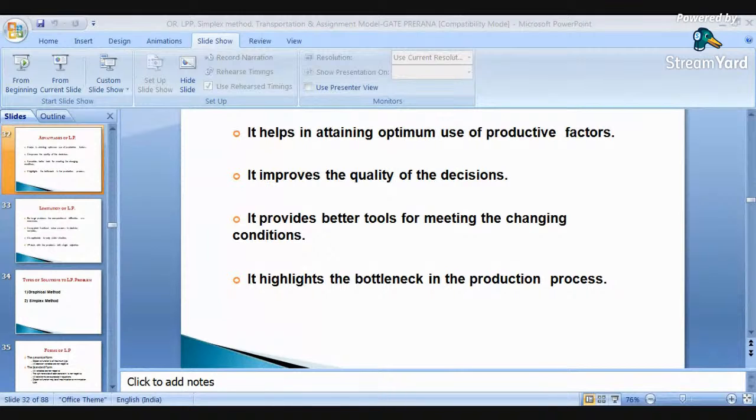Then we will start with the next topic. I hope that in this 2 hour span of time, I will be able to cover the transportation model also.